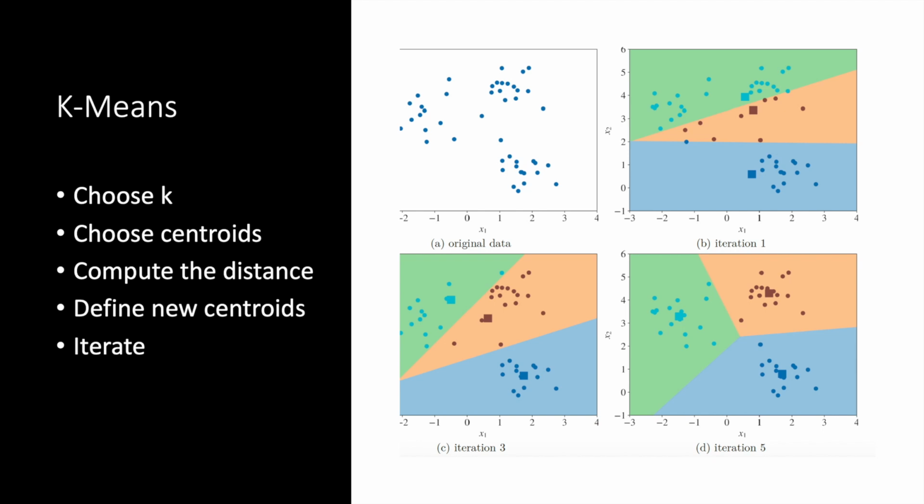The k-means clustering algorithm works like this. First, you choose k, which is the number of your clusters. Then you randomly put k feature vectors called centroids to the feature space. Then we compute the distance from each example to the centroid using some metrics. It could be Euclidean distance.